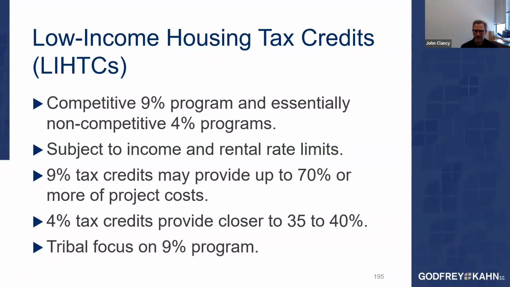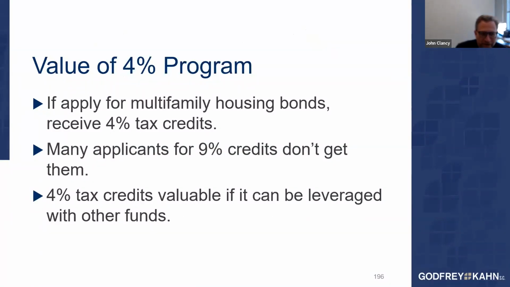Next slide, please, Mark. But it's important to think about the 4% program, at least as an option for yourselves, for a few reasons. One, it's much easier to get them. If you apply for a multifamily housing bonds allocation, you essentially automatically receive the 4% tax credits.